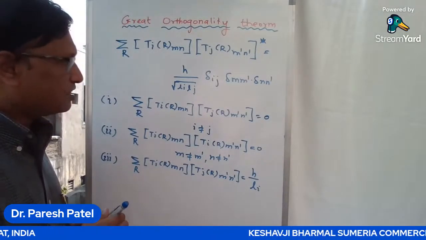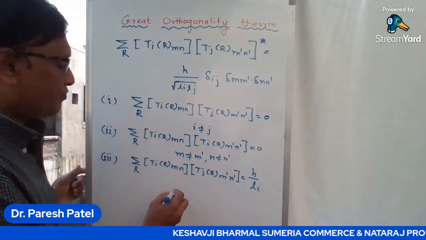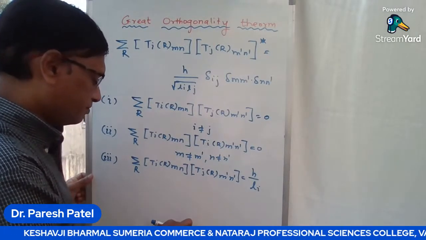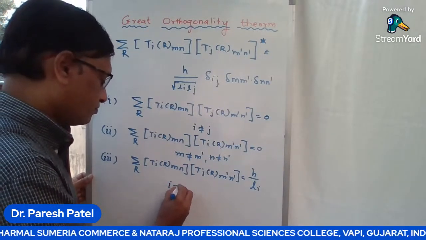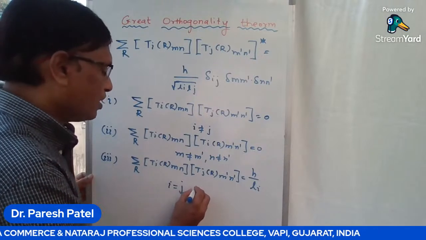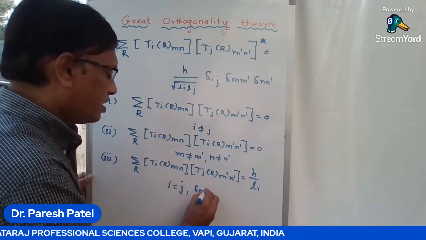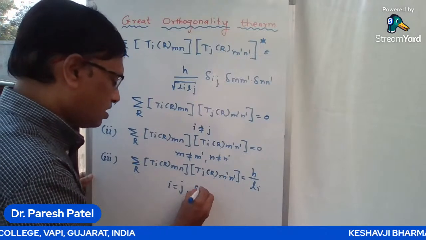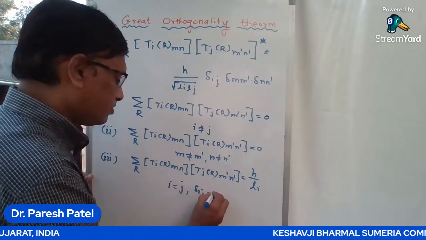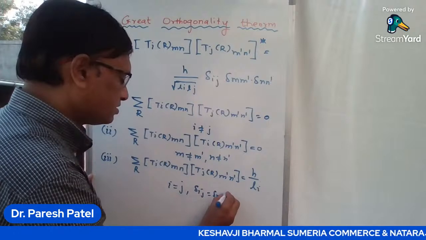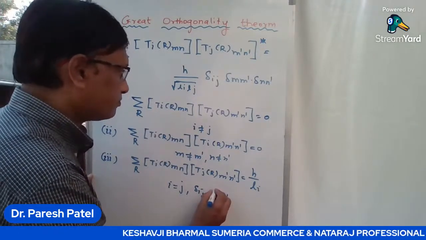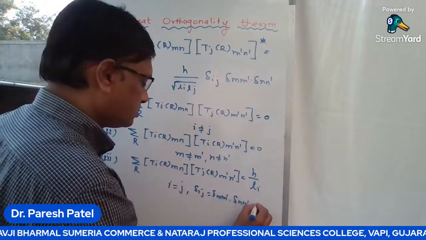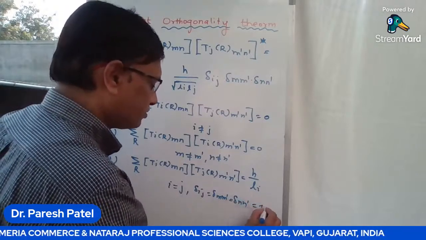This equation can be satisfied if i is equal to j, and the value of delta ij, delta mm', delta nn' is equal to 1.